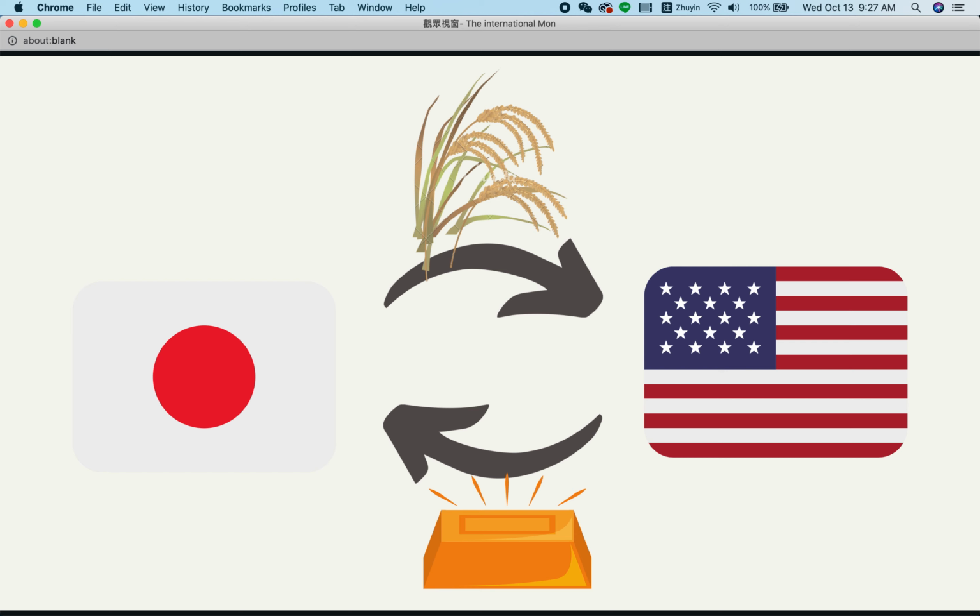So Japan will start to buy more from the United States, and the United States will buy less from Japan, until the balance of trade equilibrium is achieved.